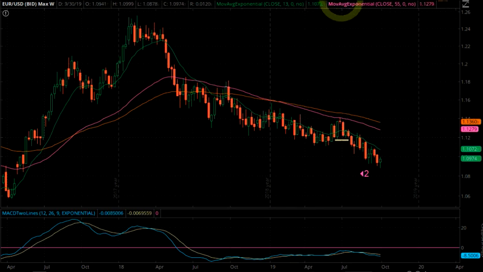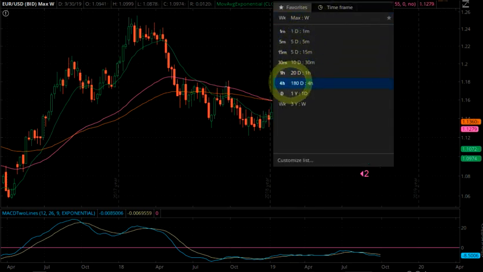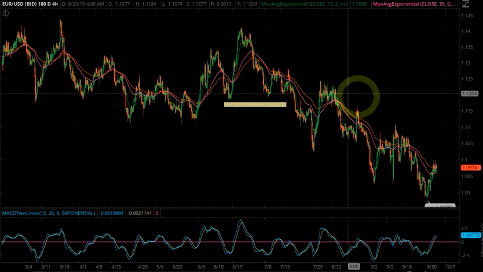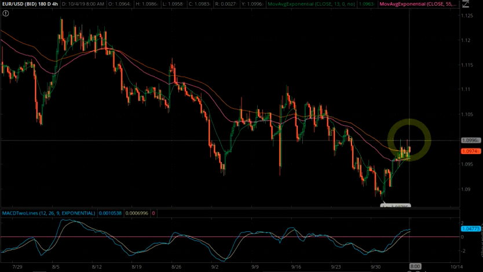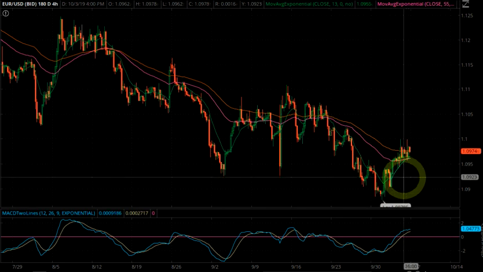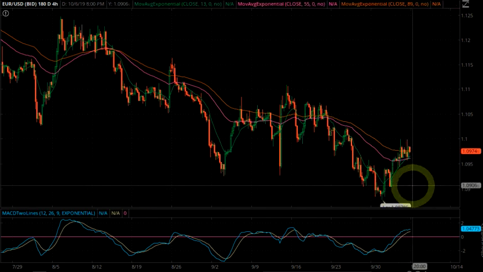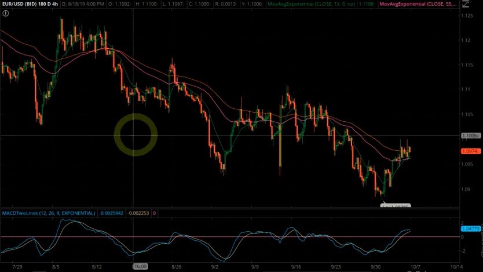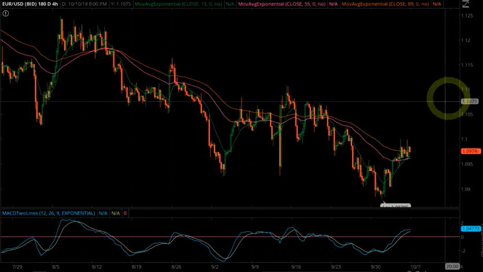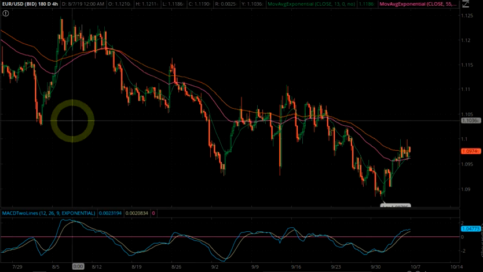It's so slight, but if you zoom in a little bit and look at a 4-hour chart, this could be the move off the bottom. I'm waiting for a little bit of pullback to a higher low. So if it pulls back to a higher low, maybe somewhere in here, I'm going to start going long and start buying the euro long as the dollar sells off.